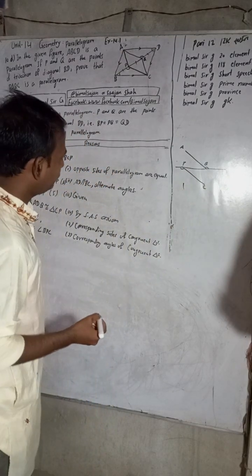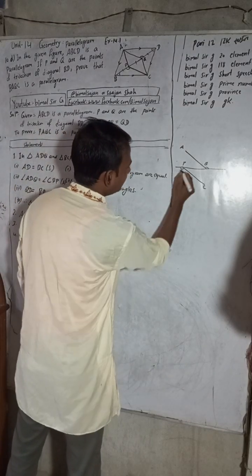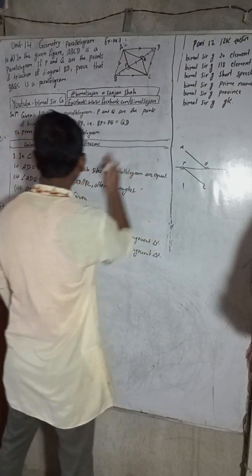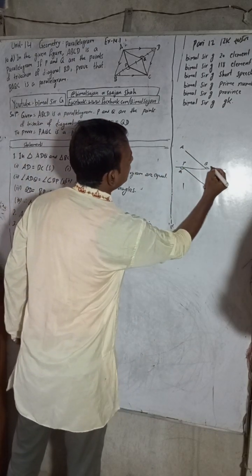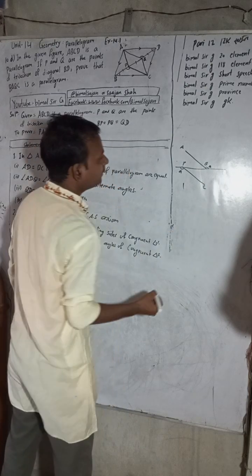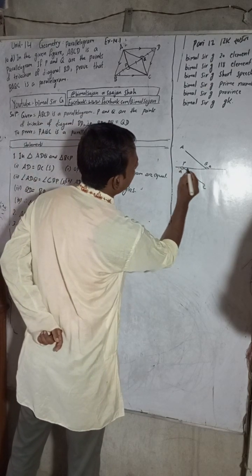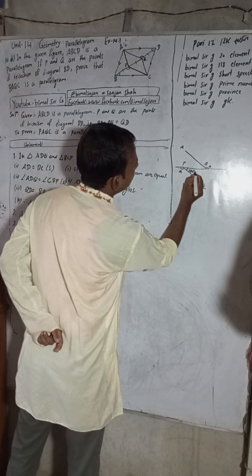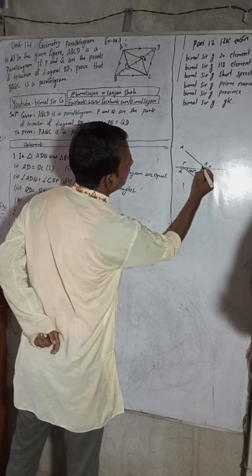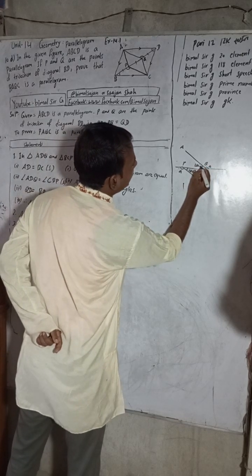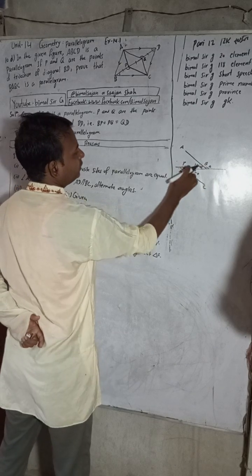Then one thing I want to show you: we have proved this angle is equal to this angle. Suppose this is A, then this also will be A. Then this angle will be 180 degrees minus A, because this is a linear pair. In the same way, this will be 180 degrees minus A, also a linear pair.